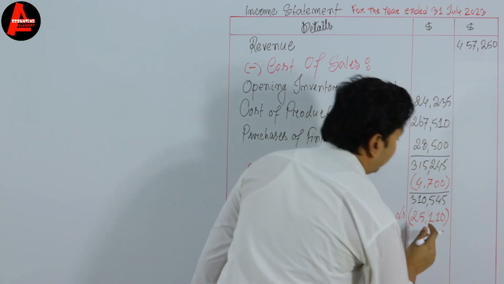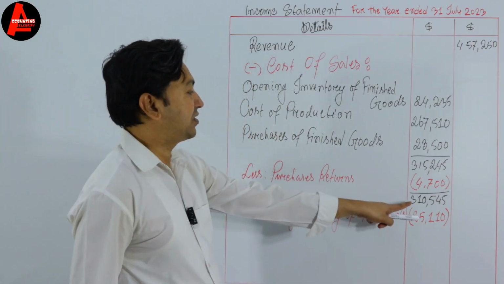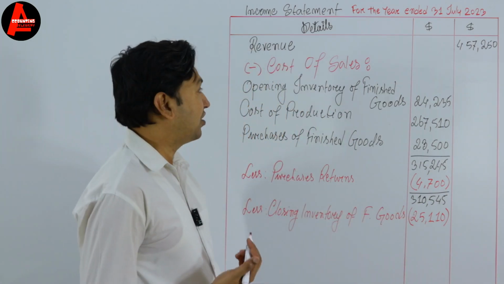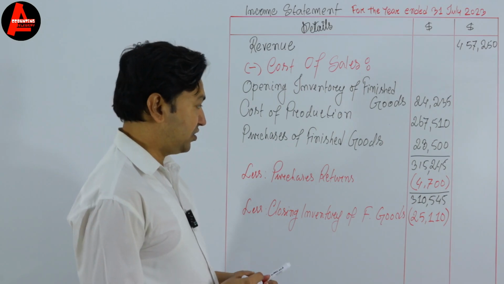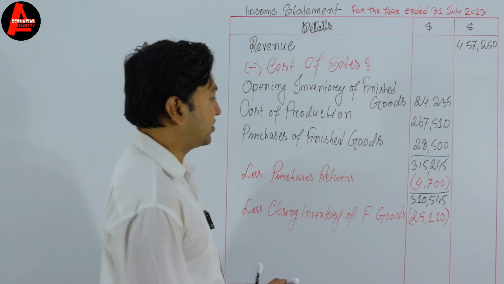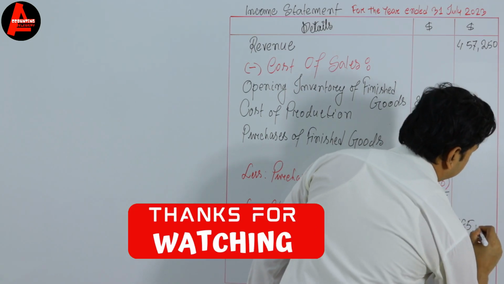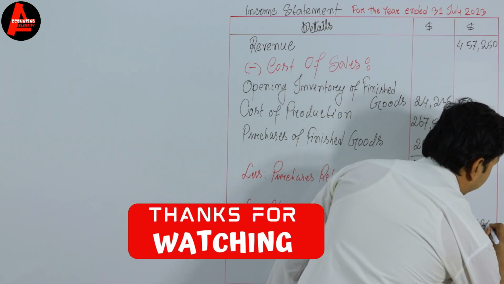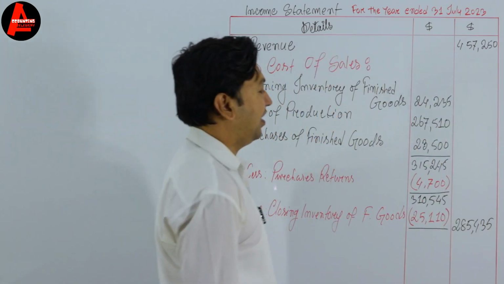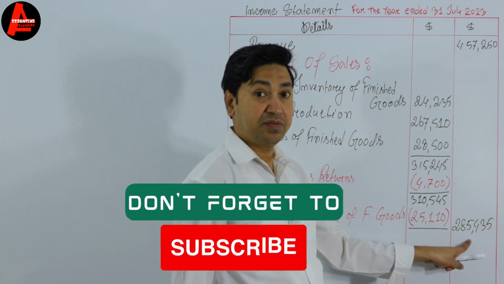Now if we subtract this amount, we will get our cost of sales. What is our cost of sales? Here it is $285,435.